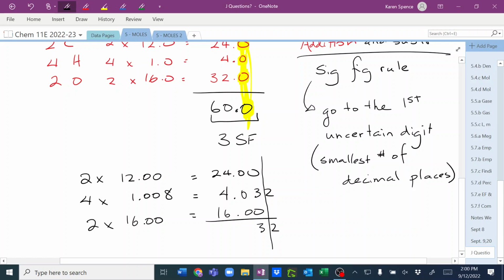We would still have to say our first uncertain digit is in the hundredths position. So 60.032, and this would have 4 sig figs.